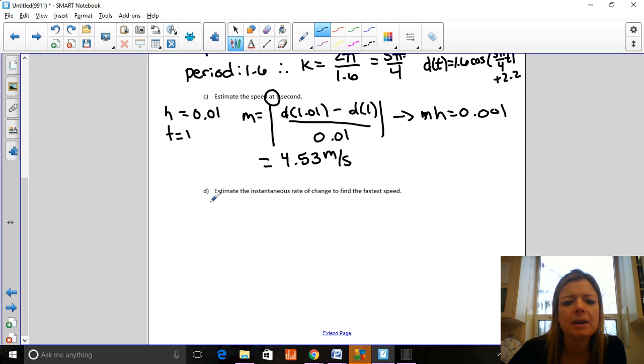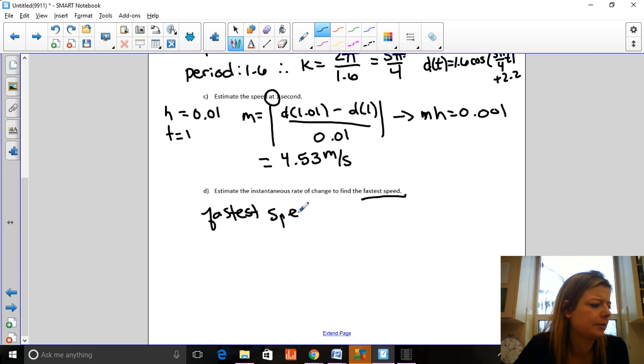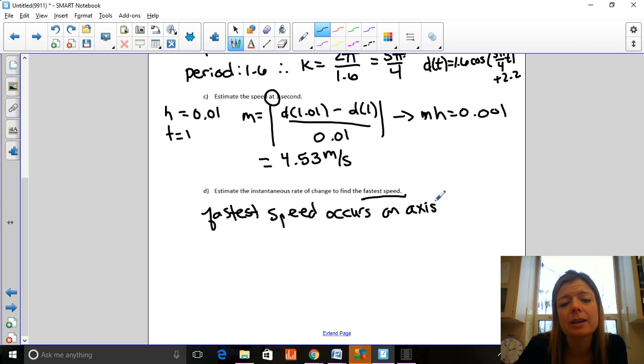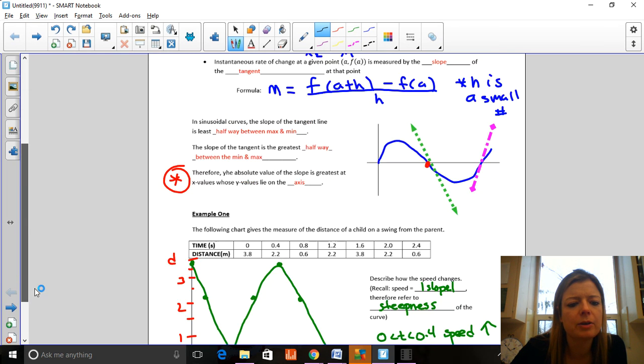Okay, estimate the instantaneous rate of change to find the fastest speed. So we have to interpret that the fastest speed occurs on the axis. So we have to identify at what time do we hit the axis. So if you go back to your table of values, the axis is 2.2.